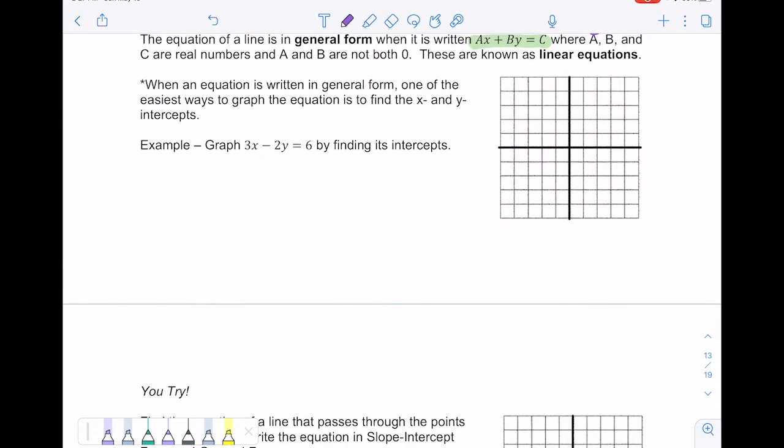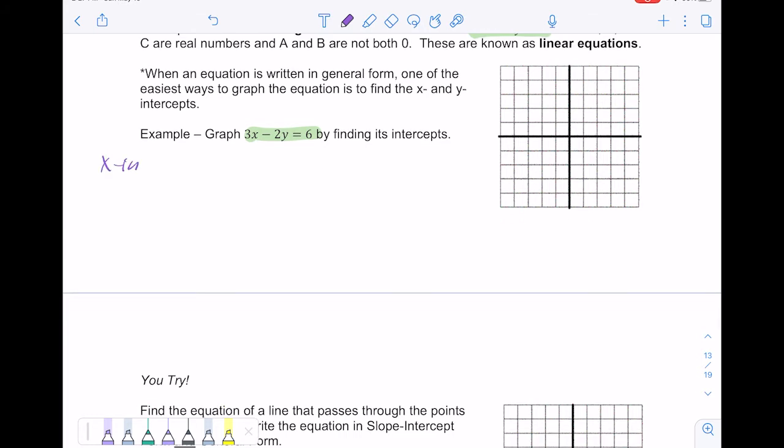So here's an equation in general form, and what I need to do is find the intercepts. Remember, to get the x-intercept, you're going to let y equal 0 and solve for x.